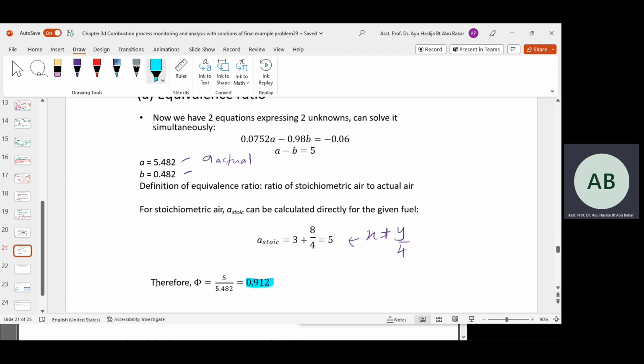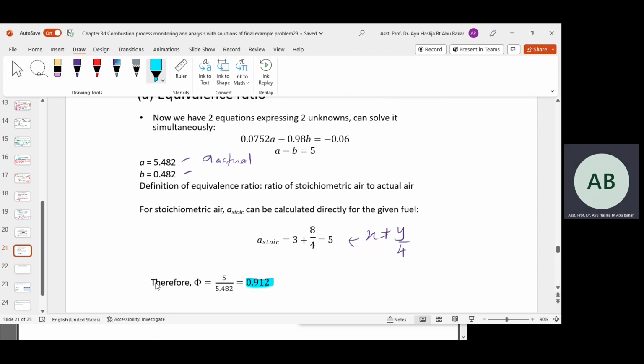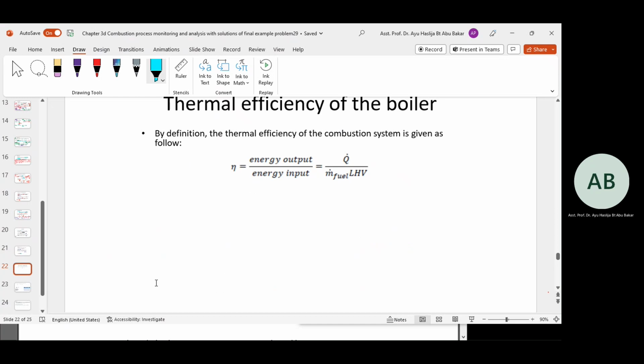Okay, after you obtain the equivalence ratio, we can proceed to determine the thermal efficiency. Any question on the equivalence ratio? Okay, for the thermal efficiency, this is the equation involved.